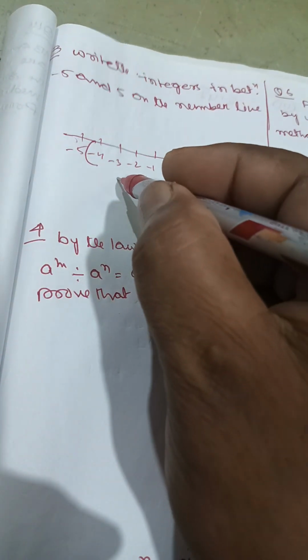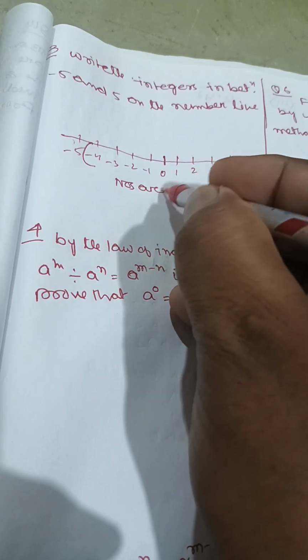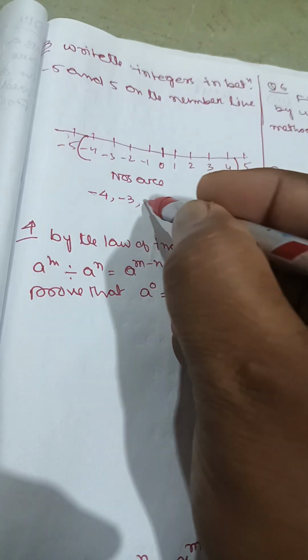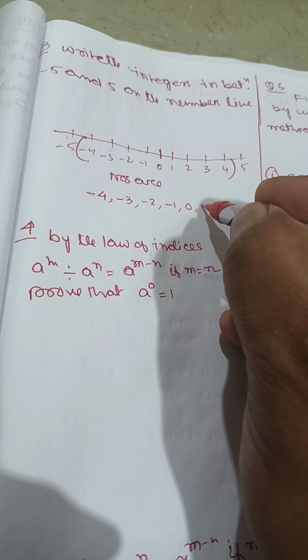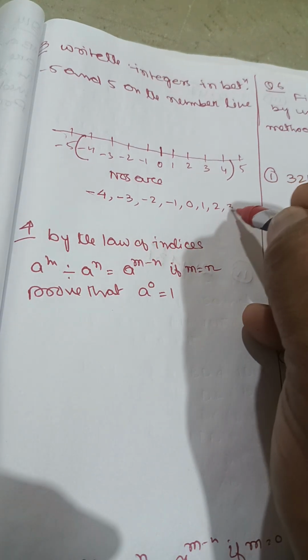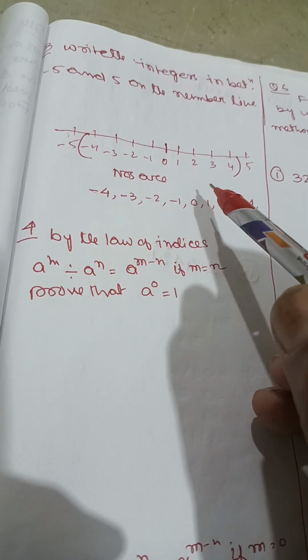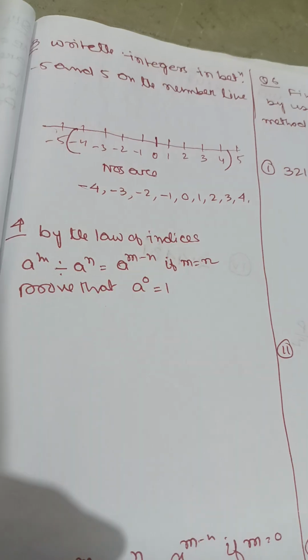So you write numbers are minus 4, minus 3, minus 2, minus 1, 0, 1, 2, 3, 4. These are the numbers which are lying between minus 5 and 5. Okay, so we have completed this one also.